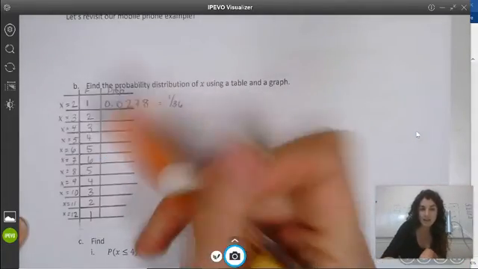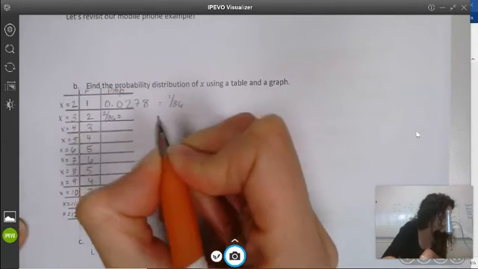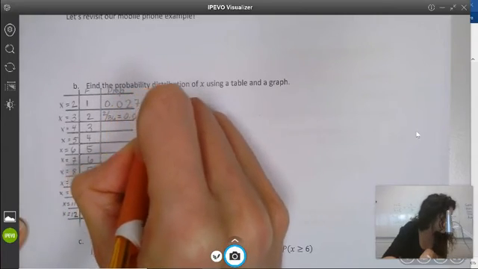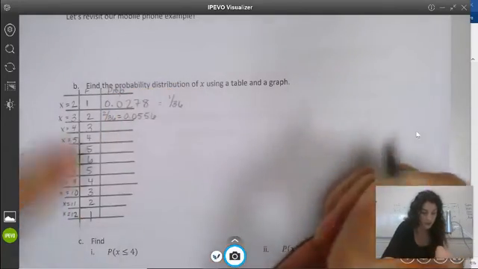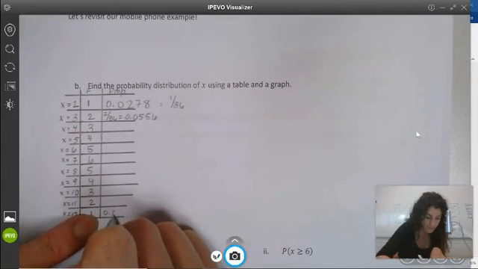Versus the probability of having a sum of 3 is 2 divided by 36, which is 0.0556.